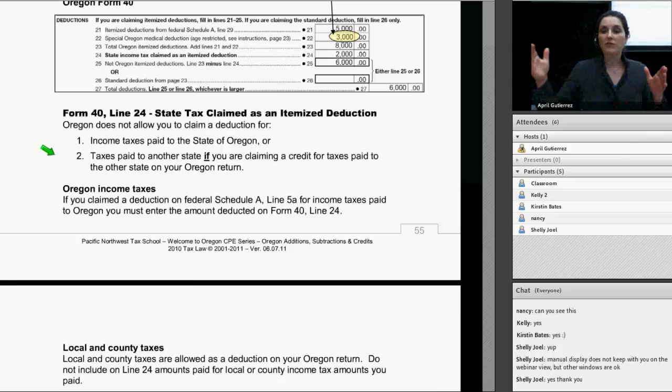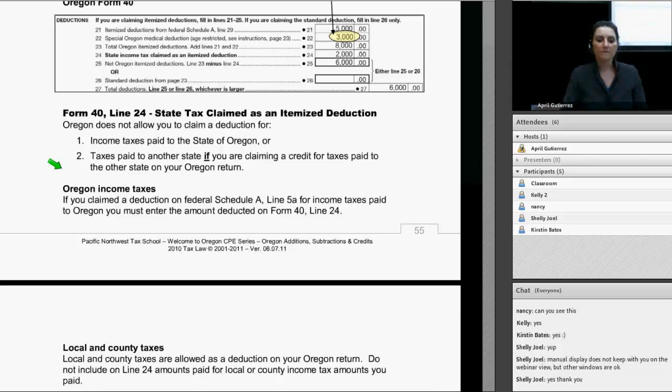You could have a situation where you're a resident of Oregon, working in Utah and paying taxes to both states, and then after a period of time, you actually switch residency to Utah, and on the day that residency changes, you no longer have tax to Oregon. So it is technically possible to have tax paid to another state credit on a part-year return, but as you can see, that type of situation would be rare. Far less common than a person just pulling up and moving, right off the bat.